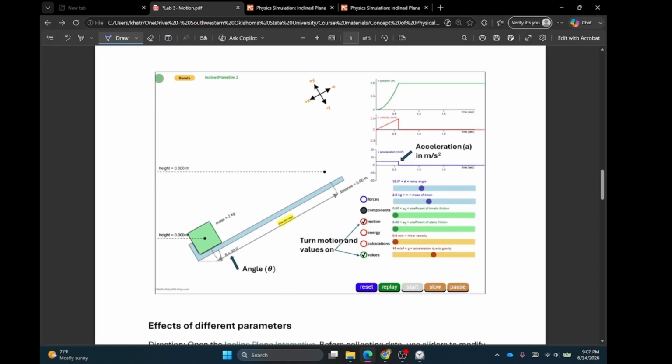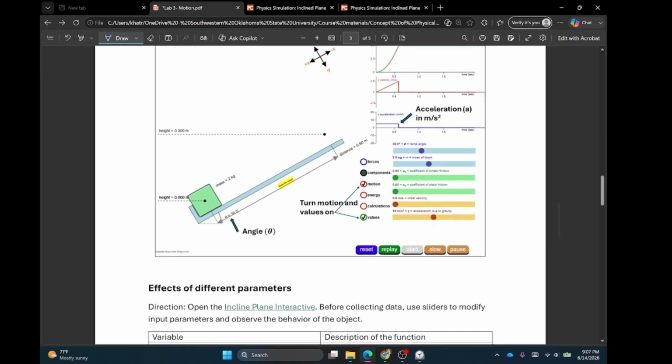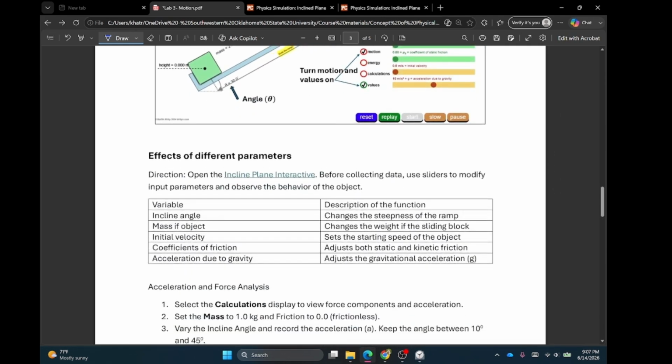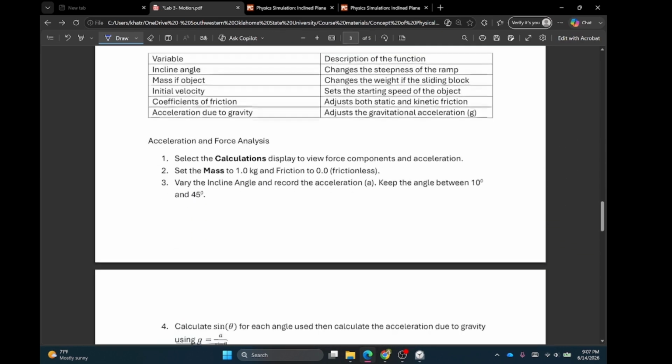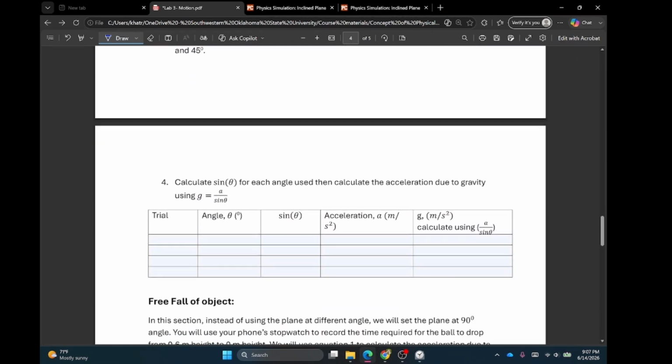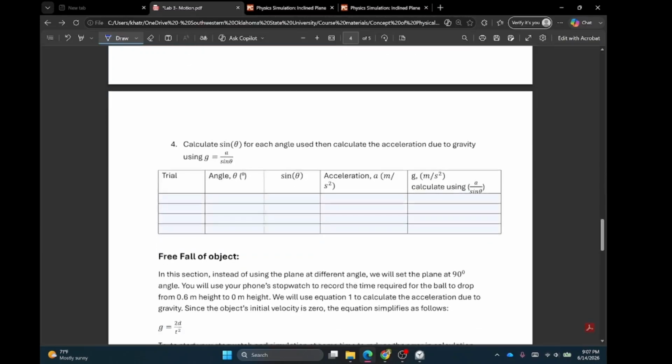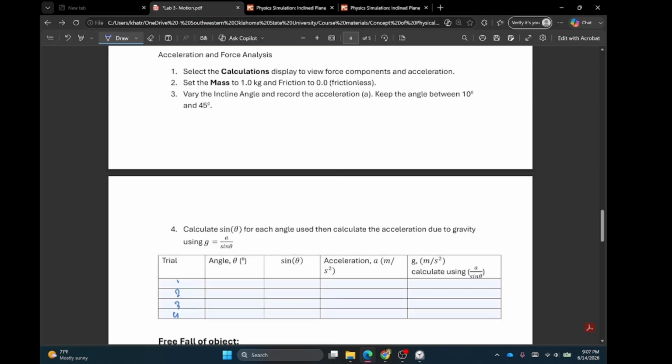Now we know about the interface, and the link is provided here. We can start our lab. In the first section of the lab, you will do 4 trials, and you will change the angle between 10 to 40 degrees, and keep the mass at 1 kg.